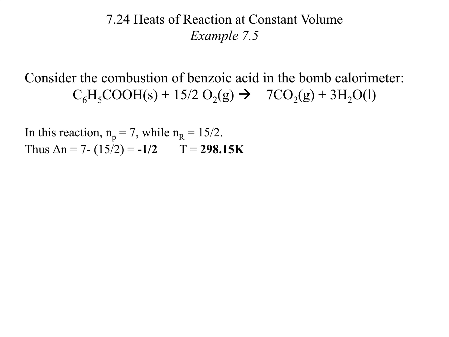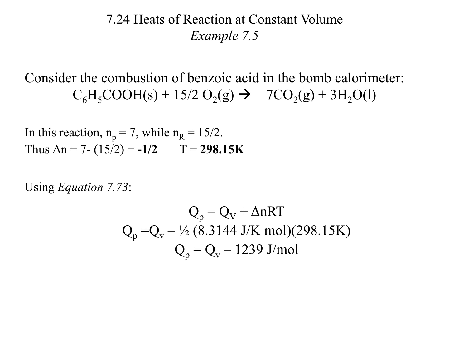And the experiment is carried out at 298.15 Kelvin. So that is given. So equation 7.73 gives the relation between QP and QV. QP is equal to QV plus delta N RT. Delta N is the change in the number of moles as the reaction is completed. R and the T are the same as before, as we know.